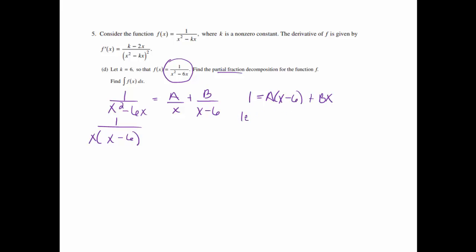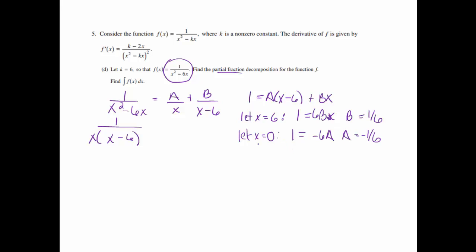And then I'm going to let x equal 6. And when I do that, I'll get 1 equals 6b. So b will equal 1/6. Okay, and then if I let x equal 0, I'll get 1 equals -6a. So a will equal -1/6.